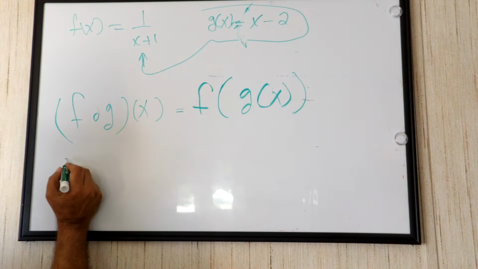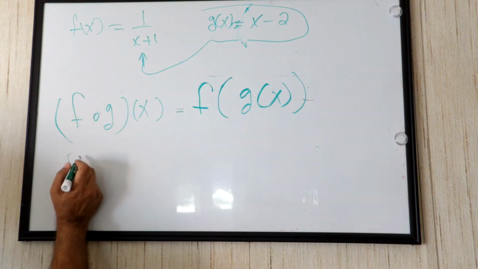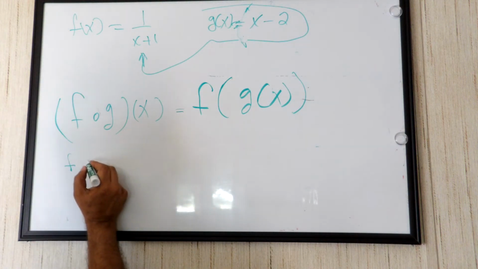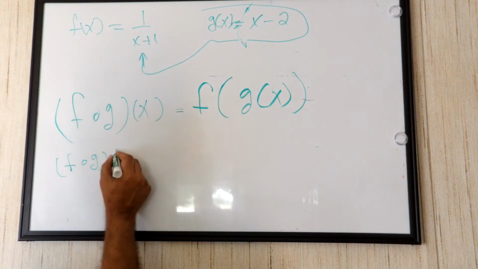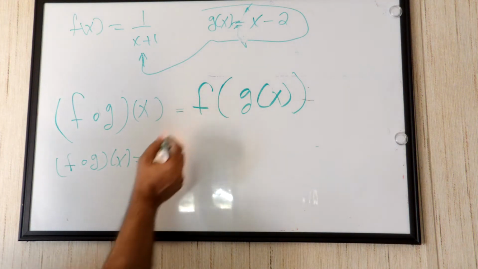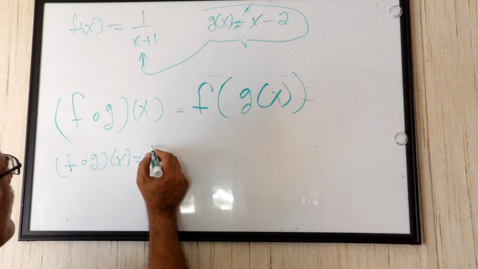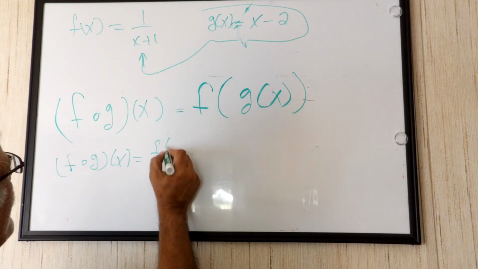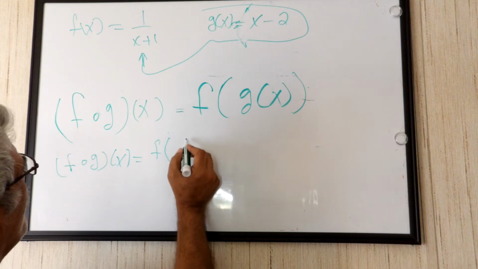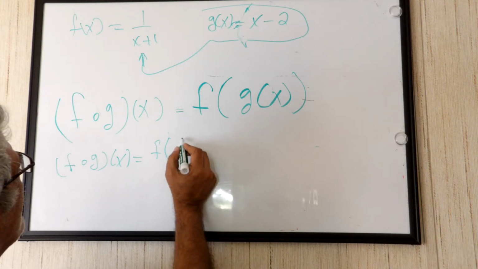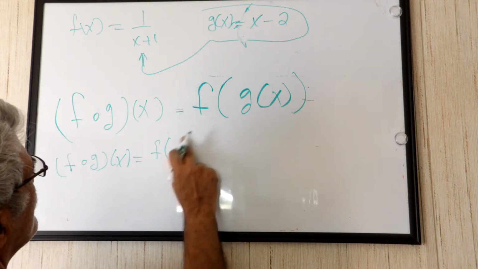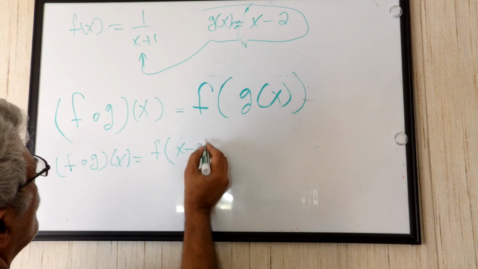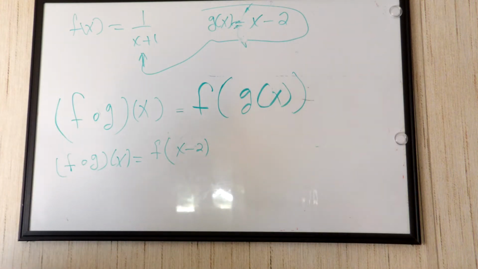Means that f of g of x, which is f of x minus 2. What does it mean?